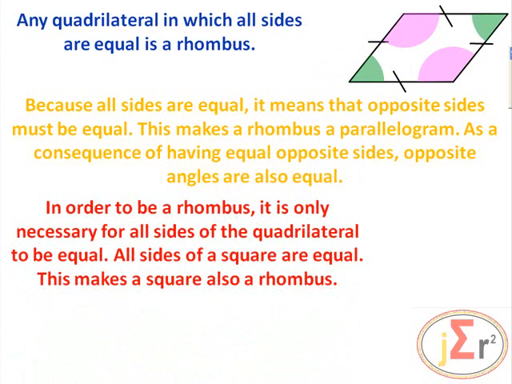In order to be a rhombus, it is only necessary for all sides of the quadrilateral to be equal. All sides of a square are equal. This makes a square also a rhombus. A rhombus has all sides equal. A square has all sides equal. Therefore, a square is a rhombus.